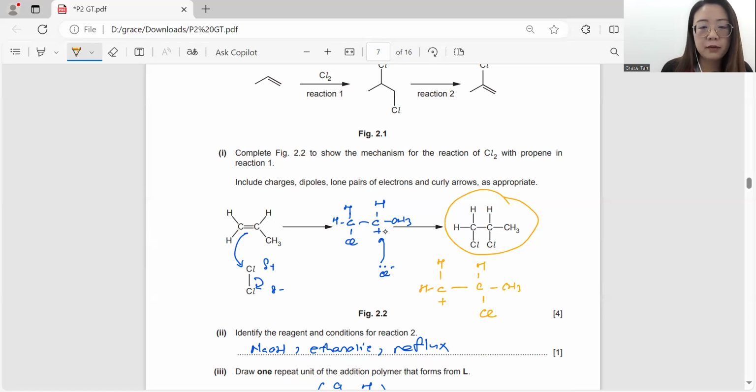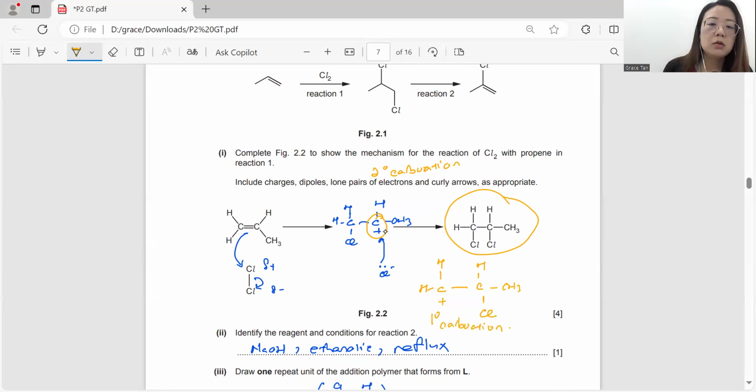So this is different. The blue and the orange pen are different. The reason I draw the blue pen version is that it gives me a secondary carbocation. This intermediate is a secondary carbocation, whereas the other intermediate that can also be formed is a primary carbocation.